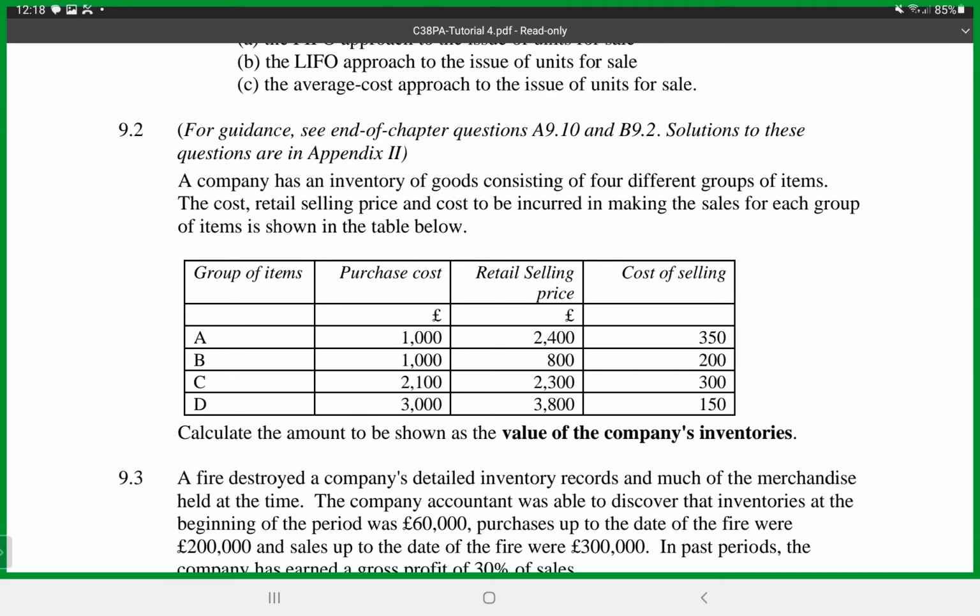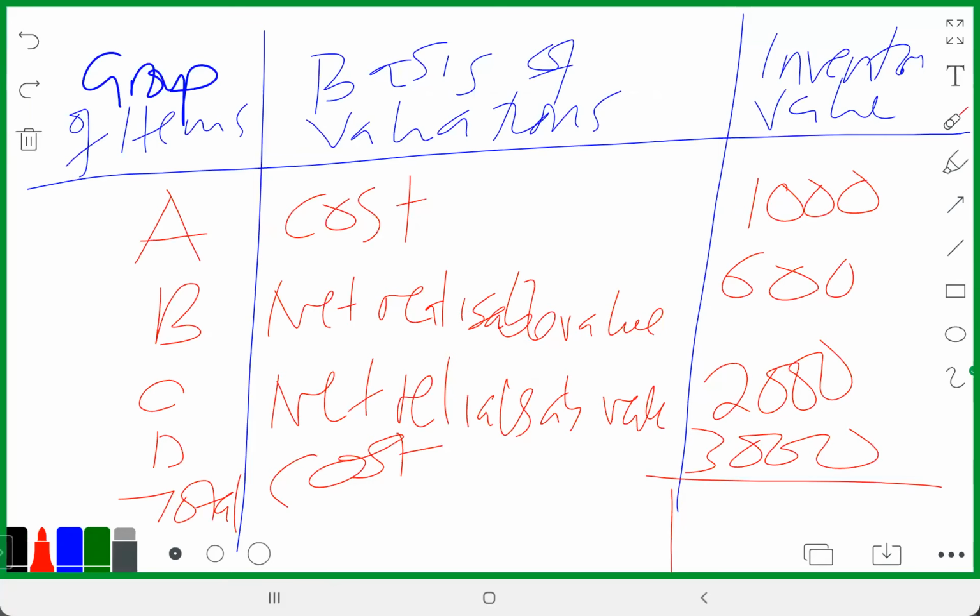We don't do the retail selling price minus cost of selling for D. It's not wrong, but advisably you use the cost being the last item. So if you had 5 items, you could have used net realizable value up to the last one and then used cost. It's still okay. These are bases of valuation.